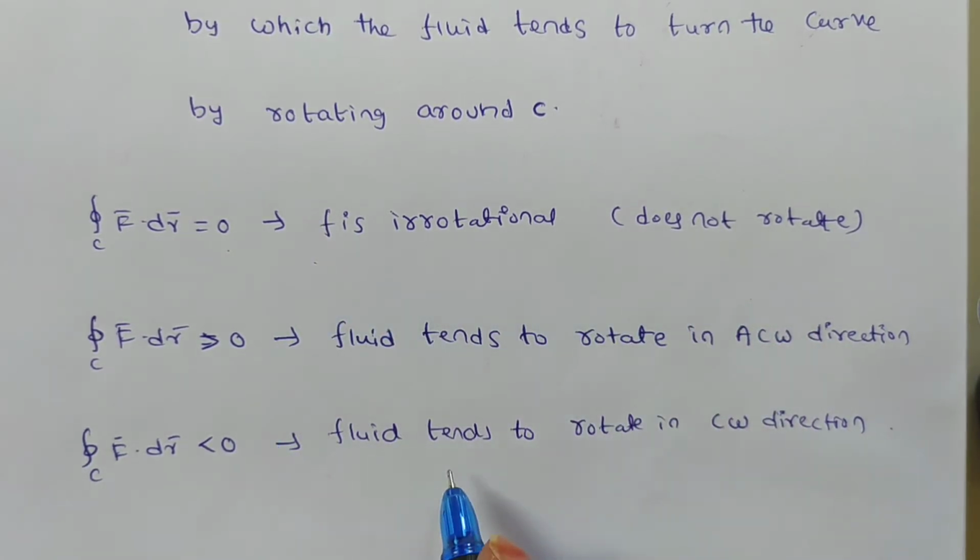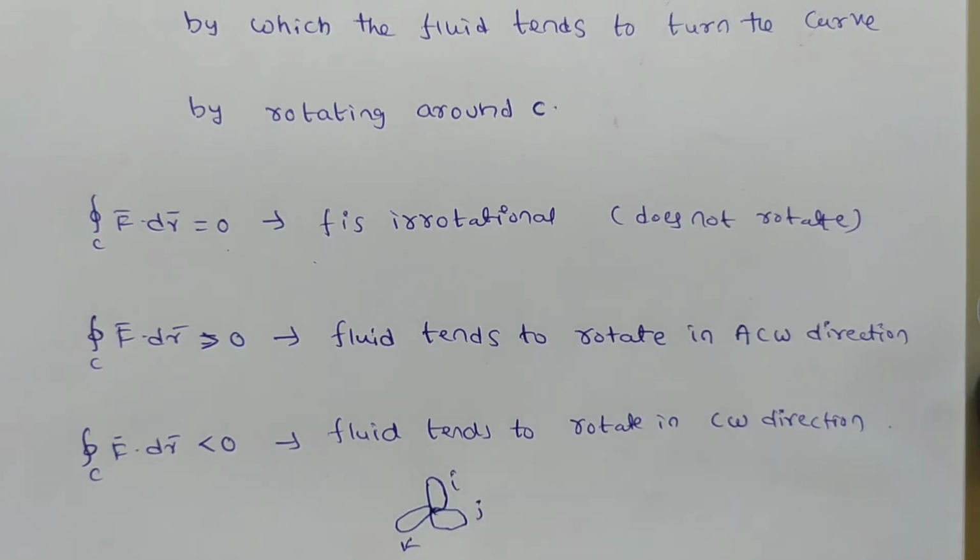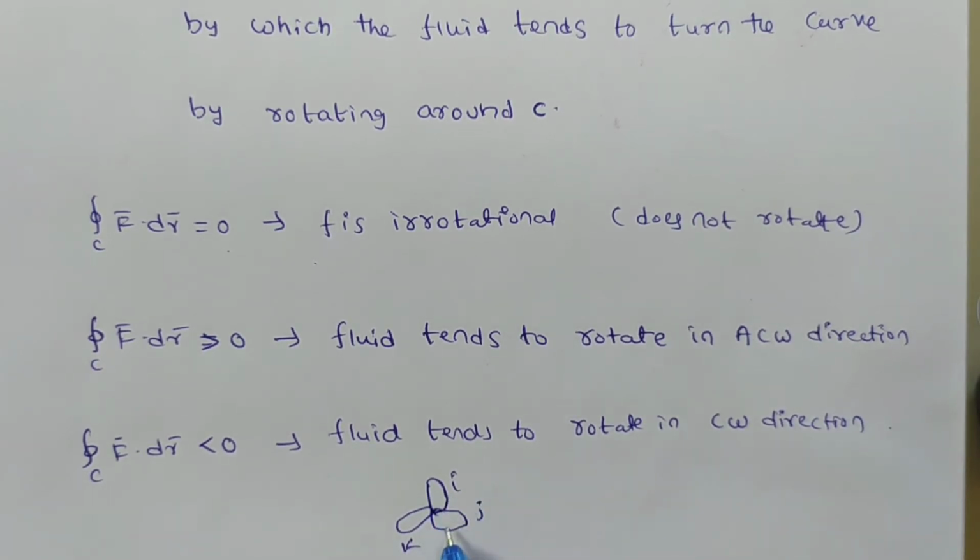For example, if you take a fan, roughly I am giving, consider this is I, this is J and this is K. Once you switch on the fan and after that turn it off, I may fall on J, or I may fall on K. If it is rotating, 1 falls on 2, 2 falls on 3, and again 3 falls on 1.